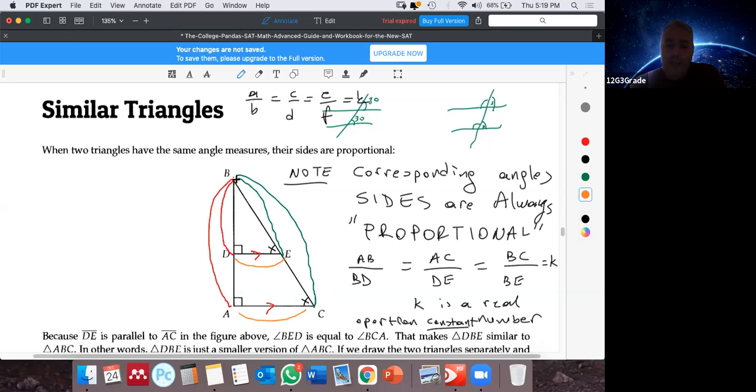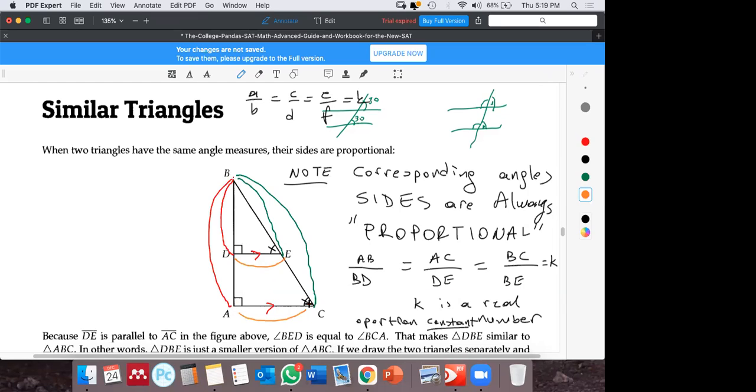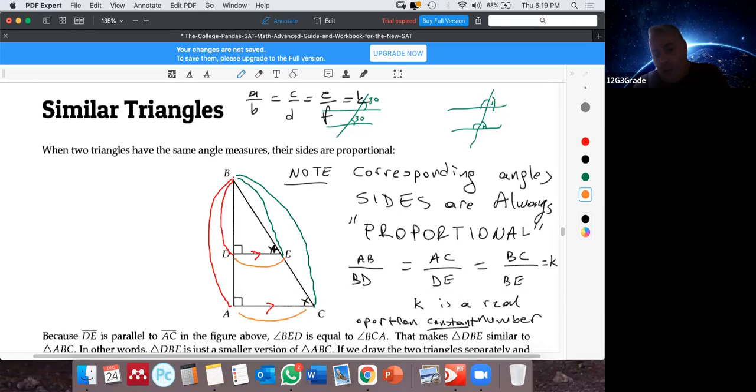One more time, BD over BA is equal to BE over BC is equal to DE over AC. The reason is opposite of this angle, opposite of this angle.